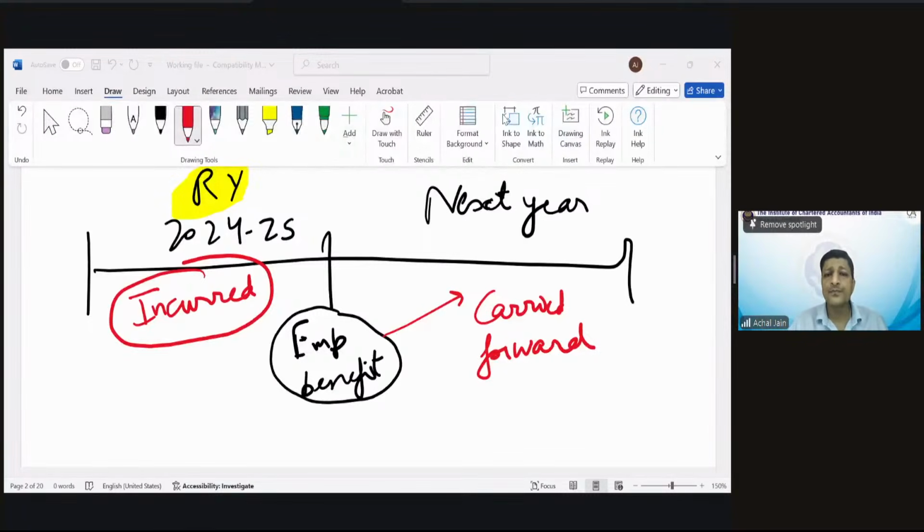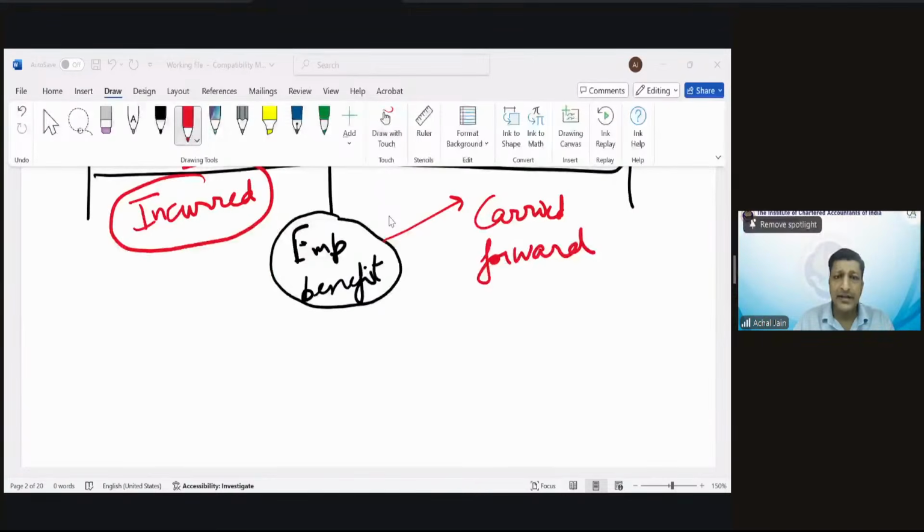So now, moving on to the next one. Post-employment employee benefits.